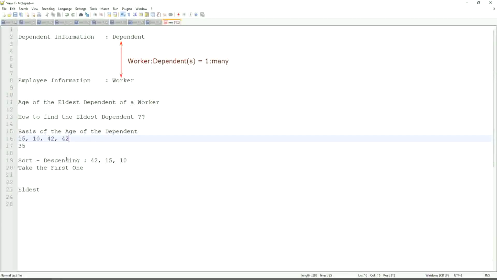Okay. But in this case, let's say you have more numbers like 42, 43, 75, 82, and so on. If one worker has so many dependents with these ages, is the logic that we have defined absolutely bulletproof?